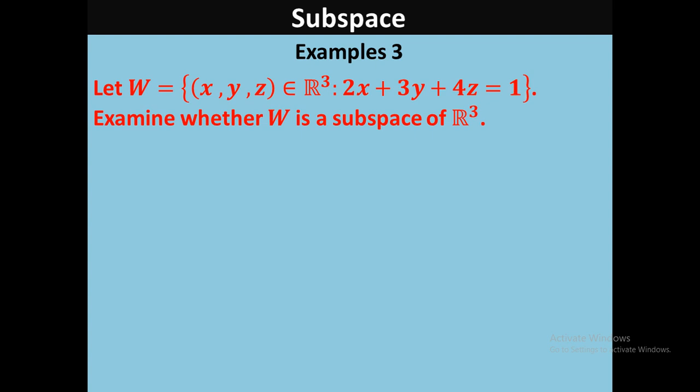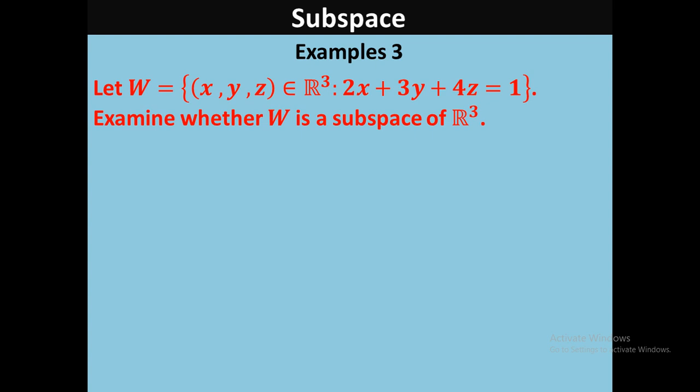In problem 1, that is in example 1, I checked W as non-empty by checking whether the element 0 0 0 is in W or not, because it has two benefits. The first benefit is you can check non-emptiness, and the second benefit will be discussed in the present problem.